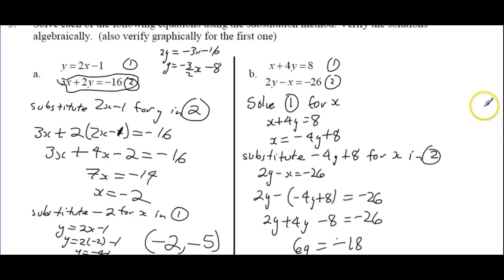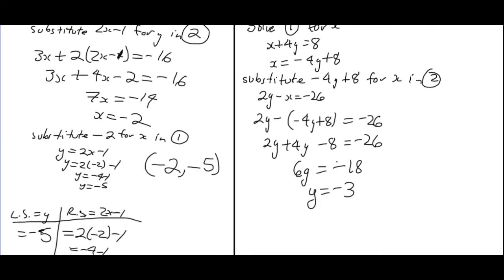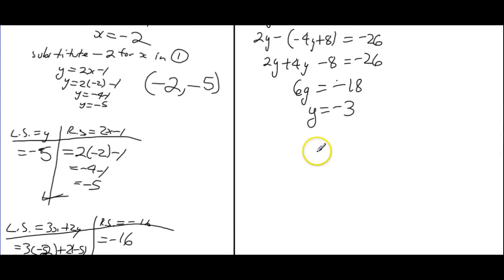I now need to get x. So I think it's easiest, we'll go back into number 1. So in equation 1, x plus 4y equals 8.